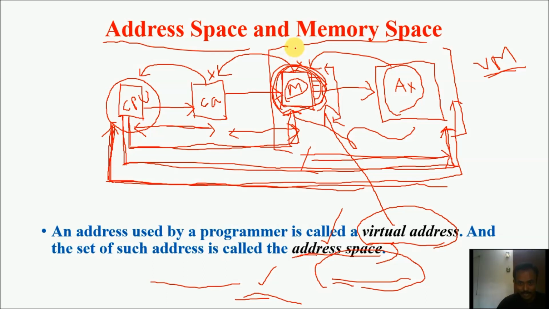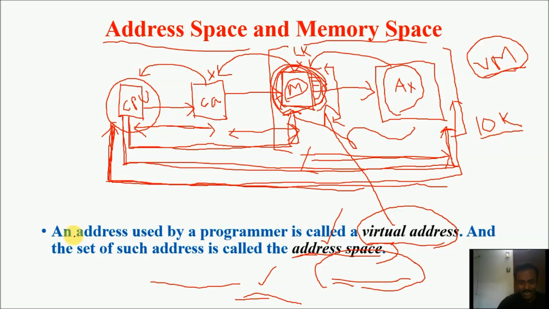Suppose your primary memory size is 1 KB, and your computer supports the virtual memory system. Then your CPU can generate addresses larger than 1 KB, that may be 10 KB.